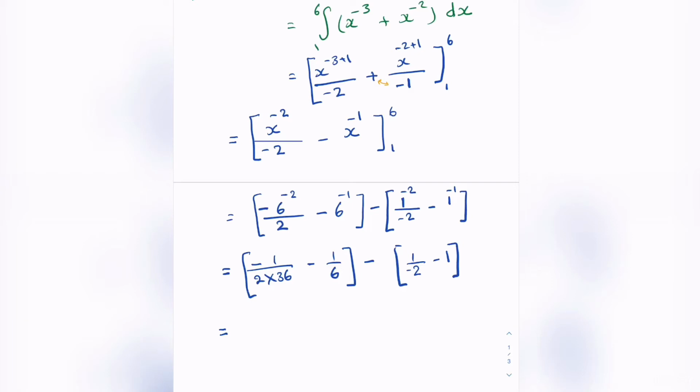Right, so we can take the common denominator here, which is 72. So that's minus 1 minus 12. So 72 divided by 6 is 12.